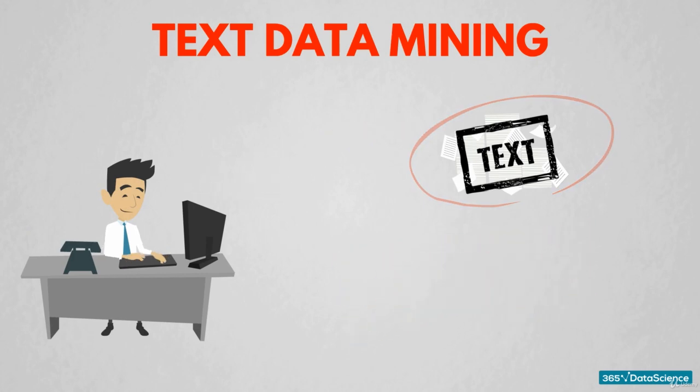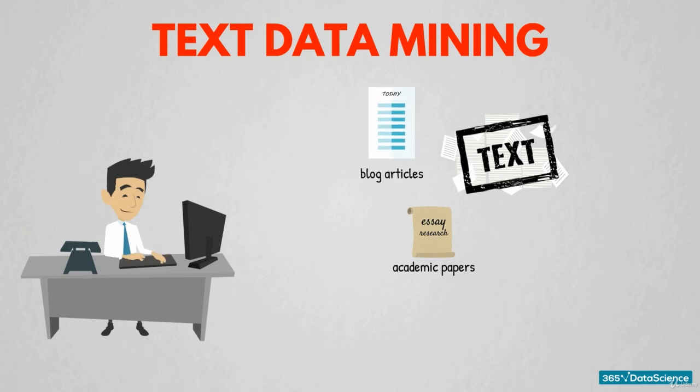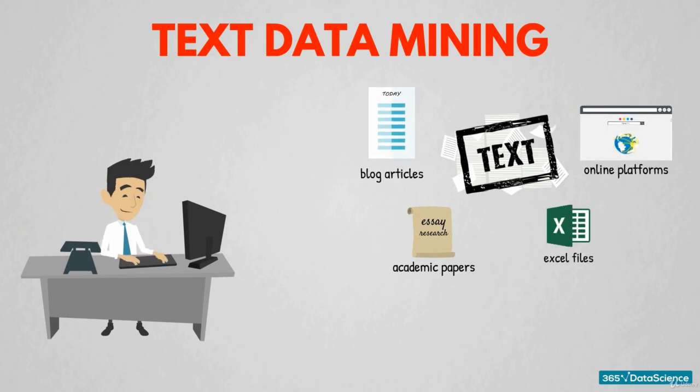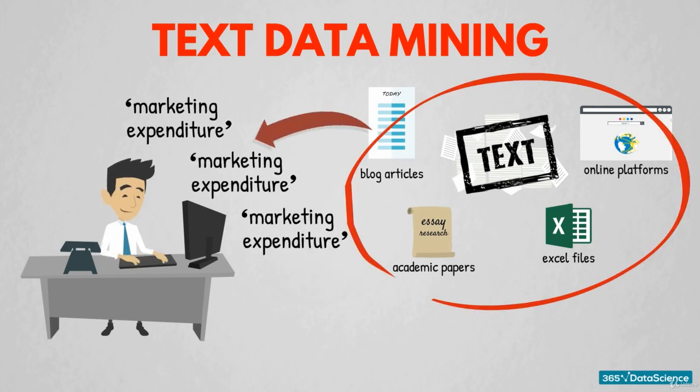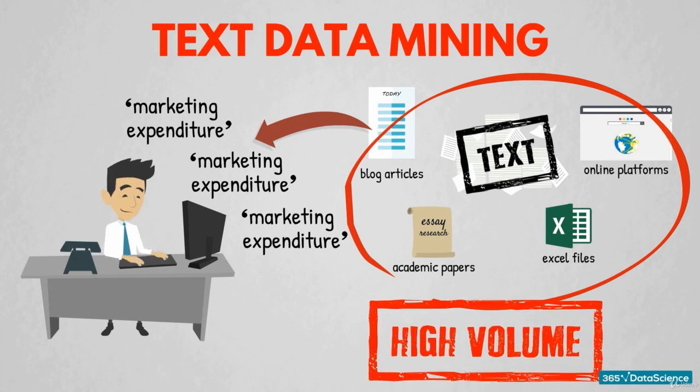Often, though, the data is huge, it may contain information from academic papers, blog articles, online platforms, private Excel files, and more. This means you will need to extract marketing expenditure information from many sources. In other words, big data.